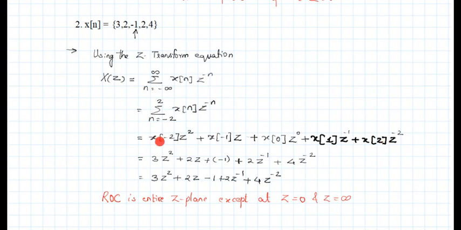You can see the expansion starts from -2: x[-2] z raised to 2, the power becomes +2 because n has the value -2, so minus of -2 becomes +2. Then x[-1] z raised to +1, and so on.